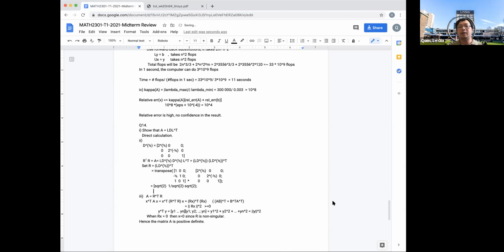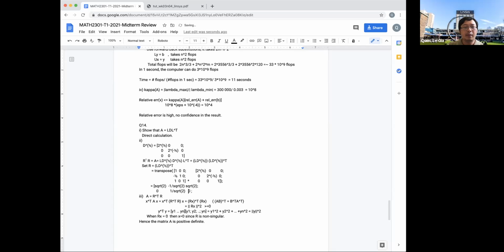And you see, this is a special case where you can find the Cholesky factorization. Then you have 0, 0 here. Actually, this one should be a minus. Then 1 over square root 2 and 0.